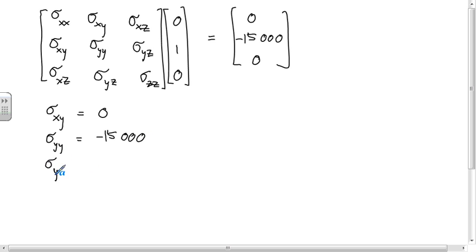And sigma yz is equal to 0. Do you follow what I'm saying about that? And so now we didn't learn all the stress values at the surface, but we did reduce the number of unknowns we have. And that's what you're trying to do with your boundary conditions.